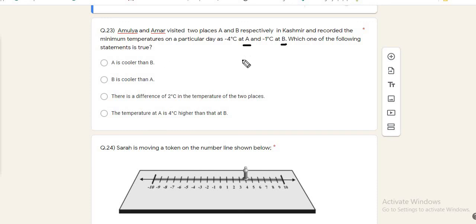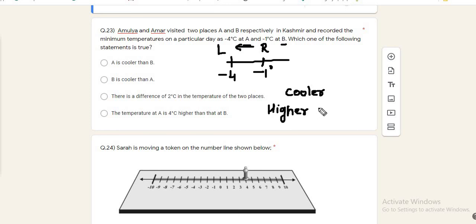We know that whenever the temperature becomes lower in negative, that means whenever it moves from right to left on number line, it starts becoming more cooler. So higher the negative value, higher the negative temperature, the more cooler it becomes.